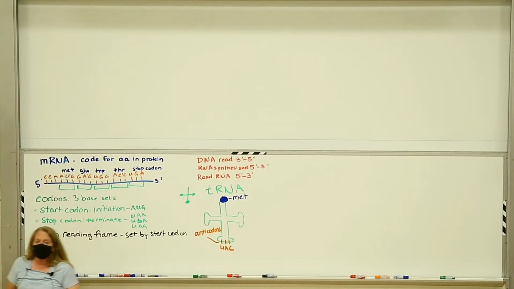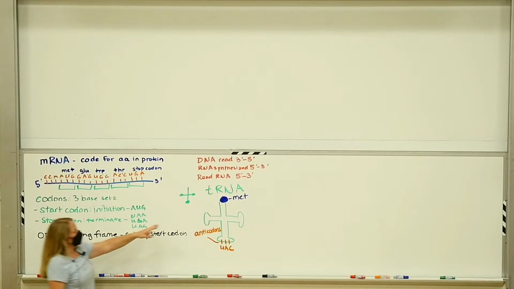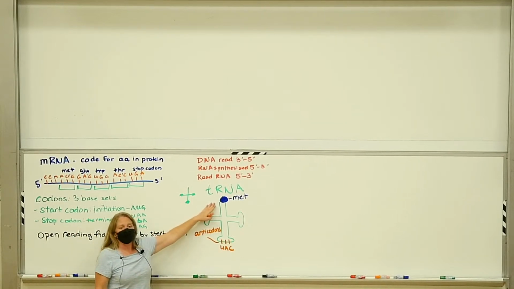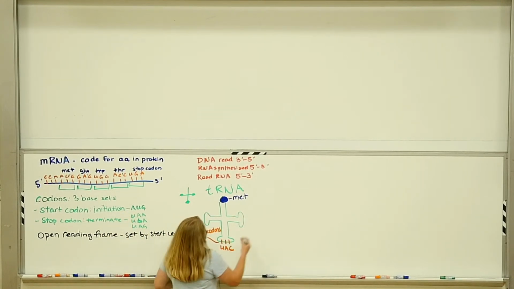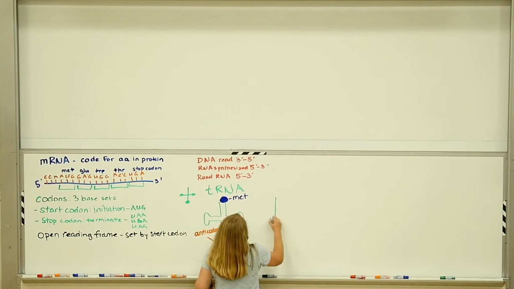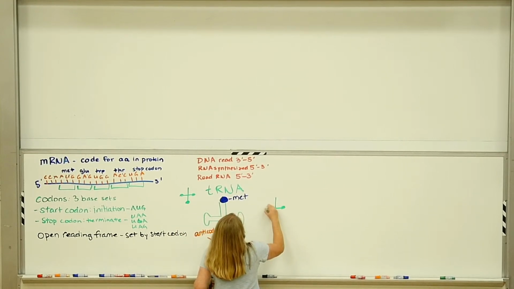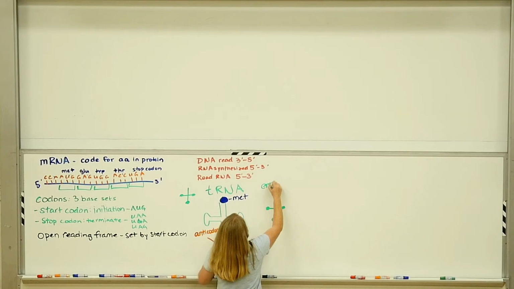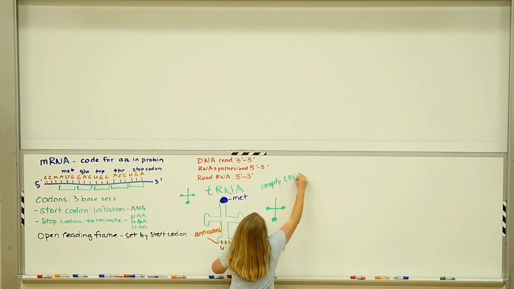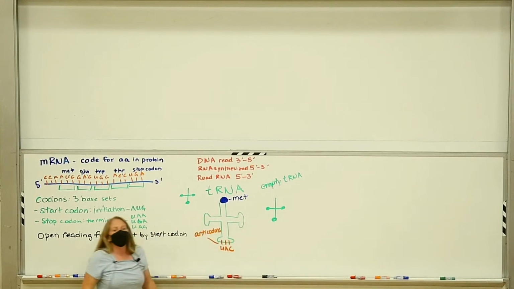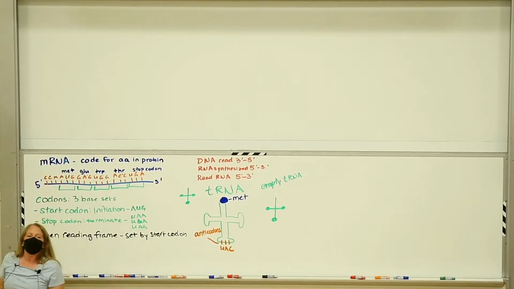Now we'll walk through protein synthesis and I'll show you exactly how this is happening. But what this is going to do is it's going to shuttle this to the ribosome and drop off this amino acid. When it does that, you end up with an empty tRNA. We reuse these. So we have to recharge them.